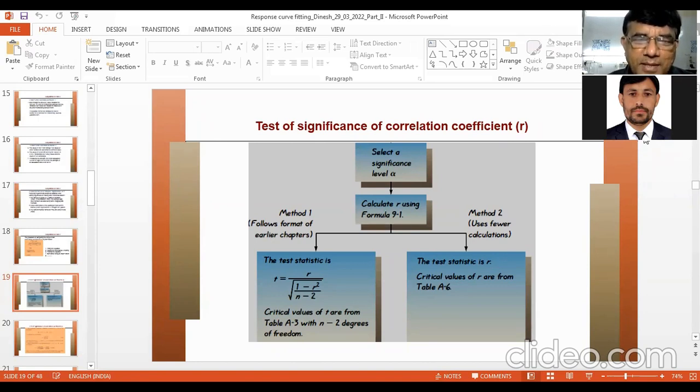There are two methods to test the significance of the correlation coefficient. The first method is using a t-test. The correlation coefficient can be tested by a t-test, whether it is significant or not. The other option, method 2, is where the test statistic is r, with the critical value of r from a table.